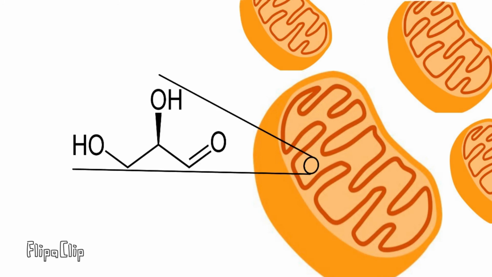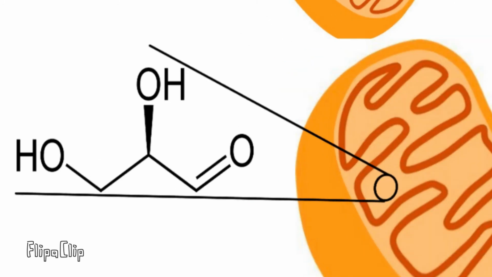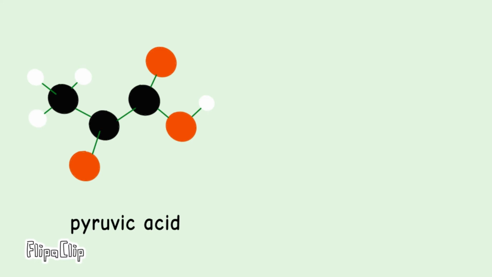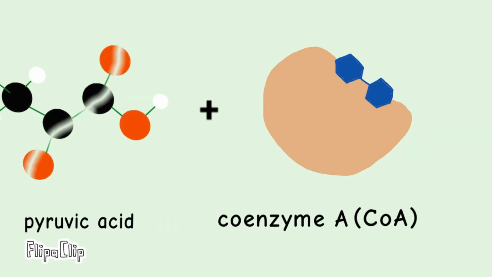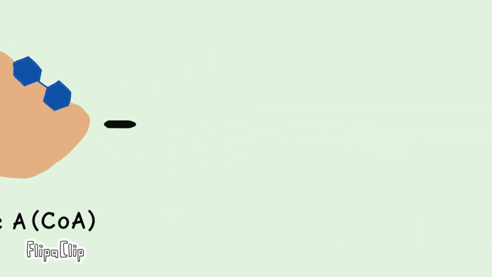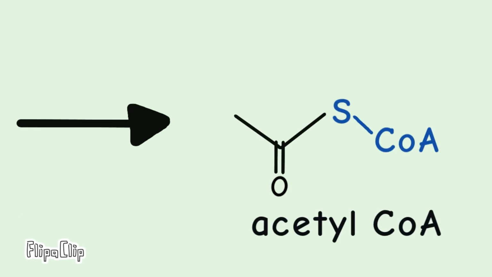Now we have the Krebs cycle. The two 3-carbon molecules of pyruvate will enter the matrix of mitochondria and start the Krebs cycle. But wait, before the Krebs cycle begins, pyruvic acid, which is just the 3-carbon molecule of pyruvate, splits apart and combines with an enzyme known as CoA, which stands for coenzyme A. The product of this reaction is a 2-carbon molecule called acetyl-CoA.